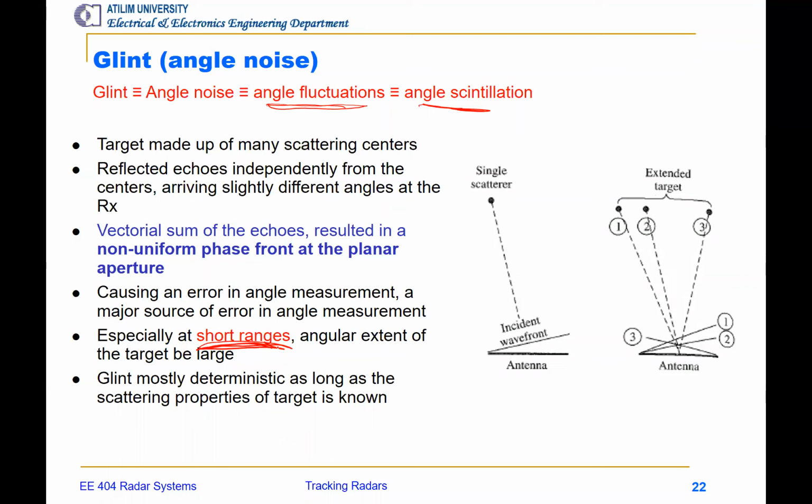The phase difference is higher, which causes fluctuation at the receiver receiving signal phase. This can be measured as angle noise, because we are trying to estimate the angle. If there is a phase change in my signal, this simply causes angle error.